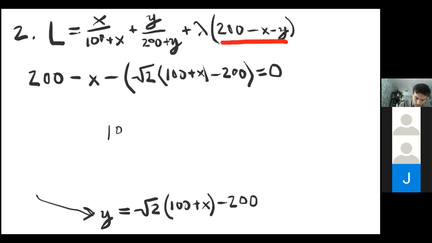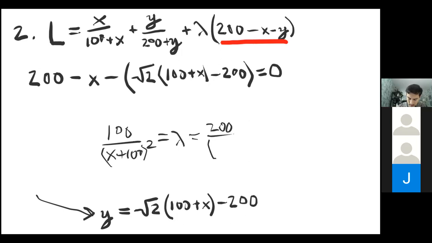And then my FOC2 was the same thing, but 200 over y plus 200 quantity squared minus lambda. That sounds right. But then because there was lambda in both, I just set them equal to each other. That's right. That's what you're supposed to do.